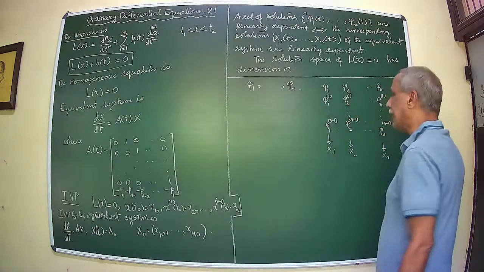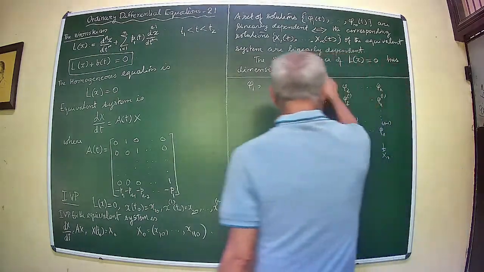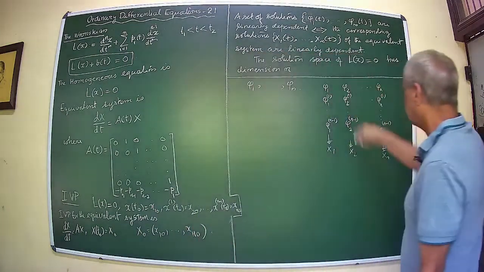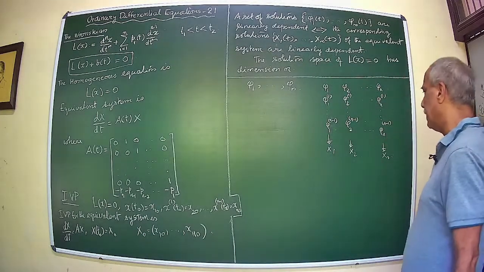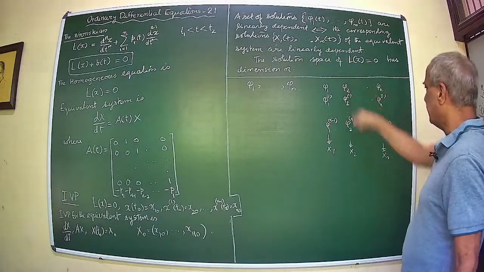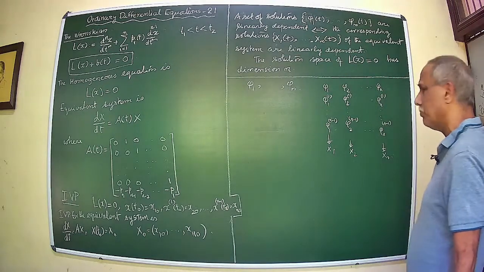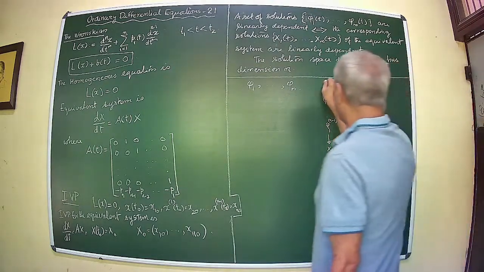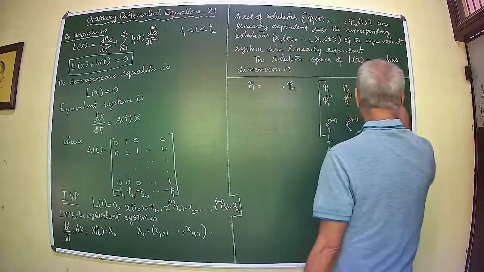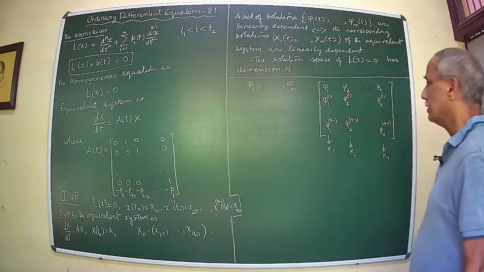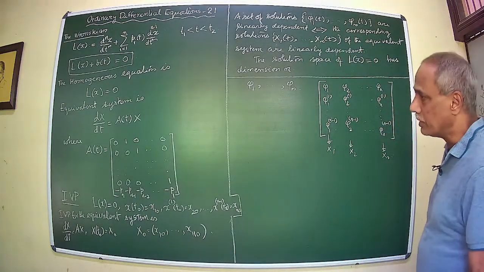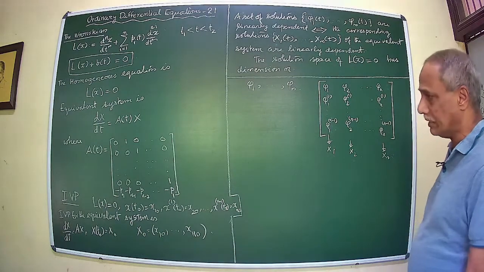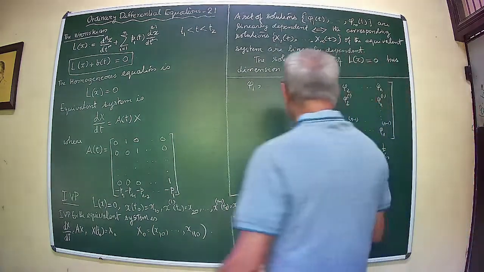When does that happen? Let us see. So you see that these vectors are linearly independent if and only if the determinant of the matrix of them is not equal to 0 for any t. So what you have is this.